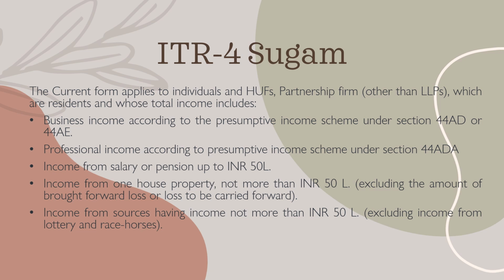A presumptive income scheme under Section 44AD, 44AE, and 44ADA is when an individual or an entity opts to derive its income on a presumptive basis, which means the income is presumed at a minimum rate based on a percentage of gross receipts or gross turnover or based on ownership of commercial vehicles. However, if the business turnover exceeds rupees 2 crores, then the taxpayer will have to file ITR 3.